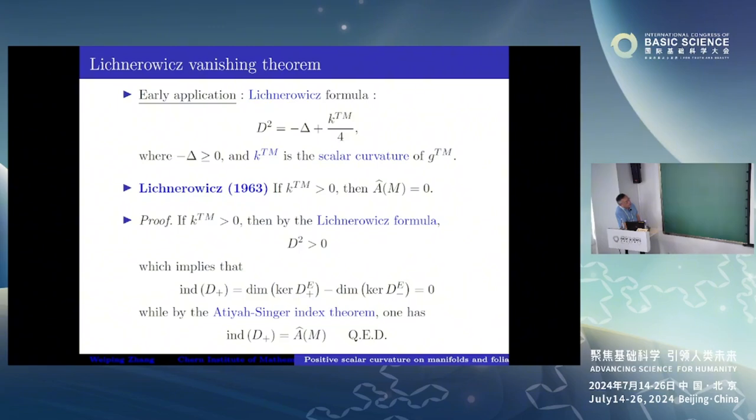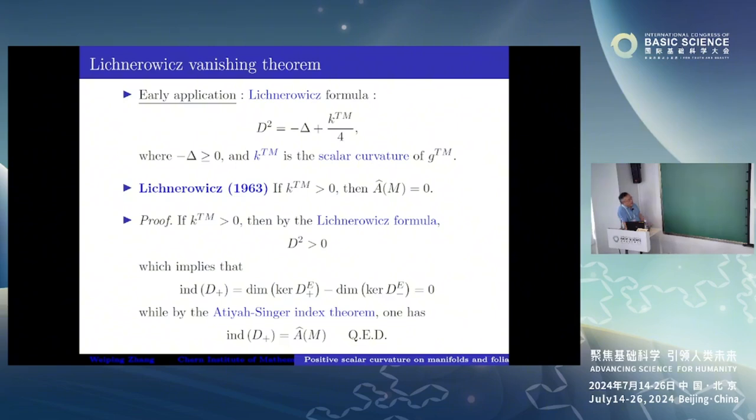Then the kernel of D will be 0. But by the Atiyah-Singer index theorem, the difference of the kernel dimensions equals the A-hat genus. So the index is 0 and the A-hat genus should also be 0. This is the simple application of the Atiyah-Singer index theorem.